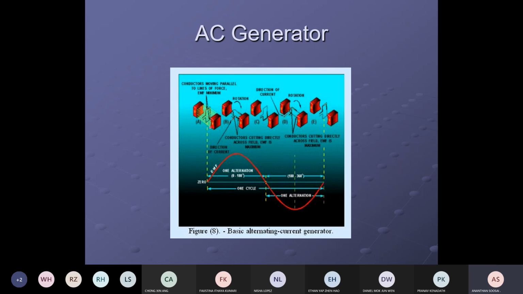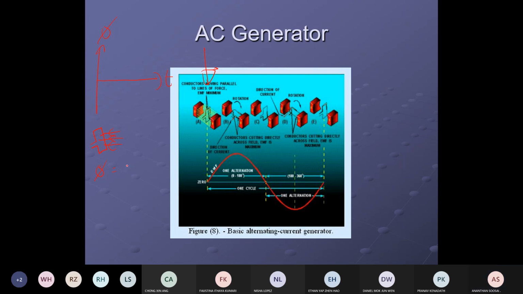Now you see the coil in the first diagram here. When the coil is vertical, how about the flux graph? Flux versus time. In the first diagram, the coil is vertical and the magnetic field is exposed to the coil. Is the flux maximum or minimum?